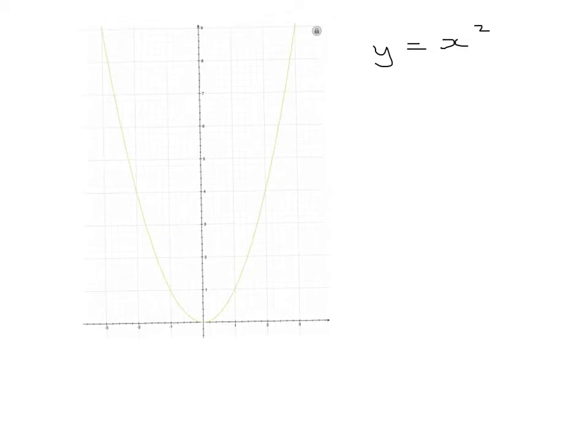This point here is called the vertex or turning point. Now on a standard y equals x squared graph, that's at the point 0, 0.